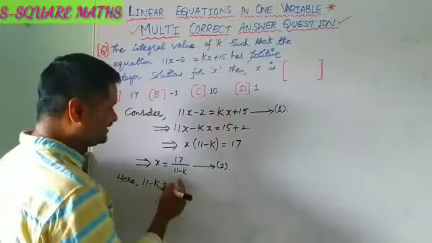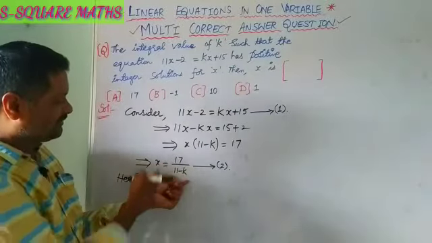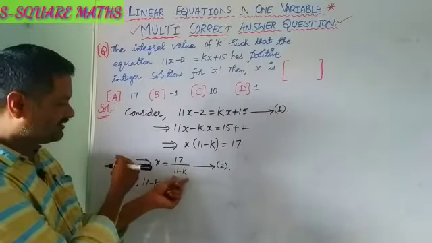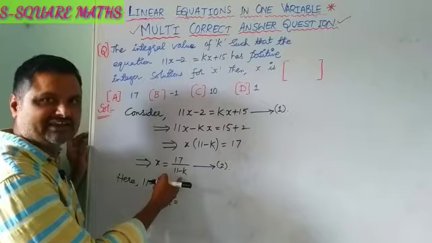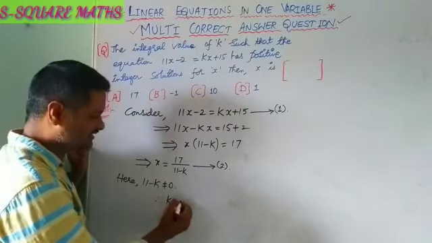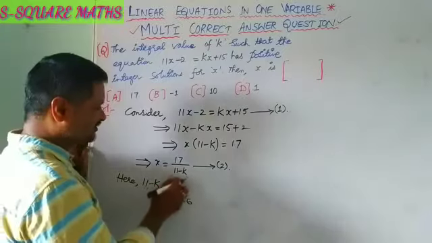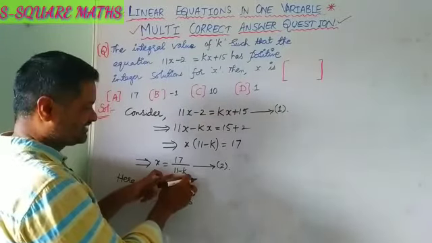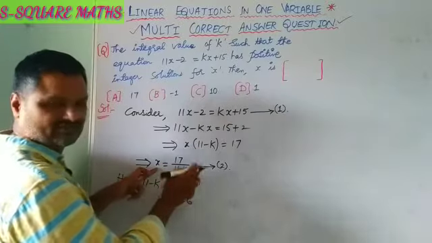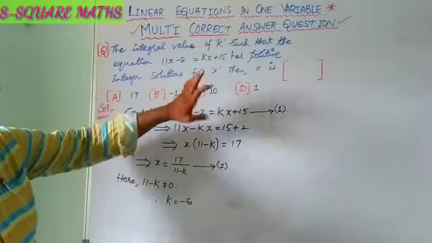If you observe very carefully, 11 is a prime number and 17 is also a prime number. If you consider negative values of k, such as minus 1, minus 3, minus 5 or minus 6, let us consider minus 6, just like a trial and error method. So 11 minus of minus 6 is 11 plus 6, which is 17. 17 by 17 gives you 1, an integral solution for x.